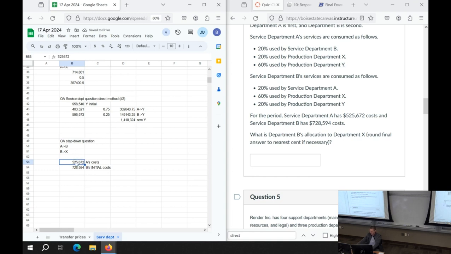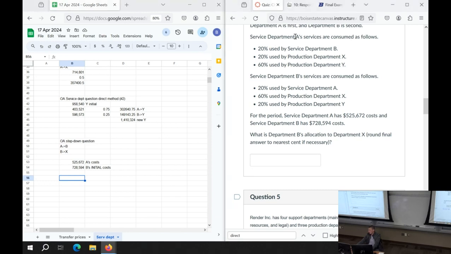Some of this 525,000 is going to be allocated and added to the 728,000. So that when B distributes to X, it's this amount times the percent of consumption that X has of B's services. All right, so B consumes 20% of A's services, and we can just leave that 20% without refiguring it at all. So this is 0.2.